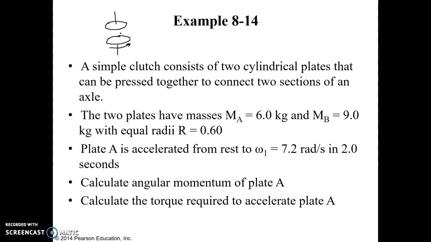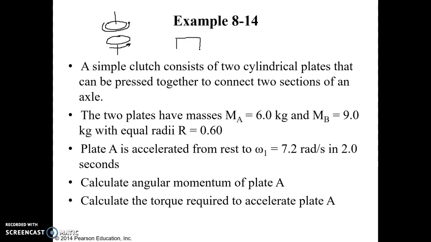They'll interlock with each other due to friction or some type of mechanical grip between the two, and this rotating cylinder is going to cause this one to rotate as well. They're going to be locked together.